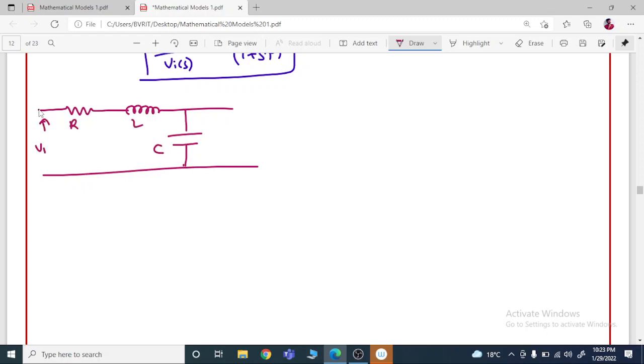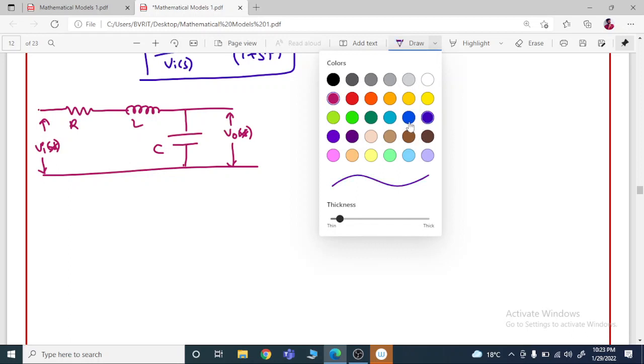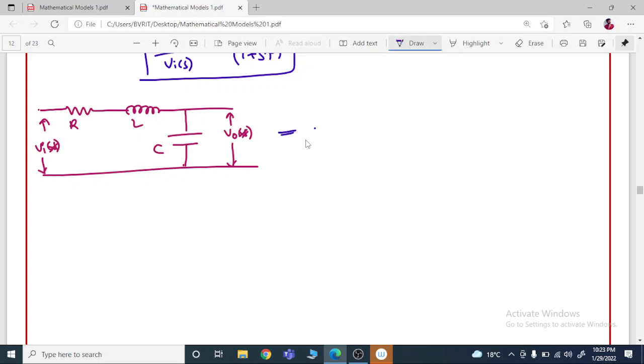So this is the input Vi of S and this is the output V naught of S. Input is Vi and output is V naught. For this we need to find out the transfer function, which is nothing but V naught of S by Vi of S. The same we can calculate by applying mesh analysis.